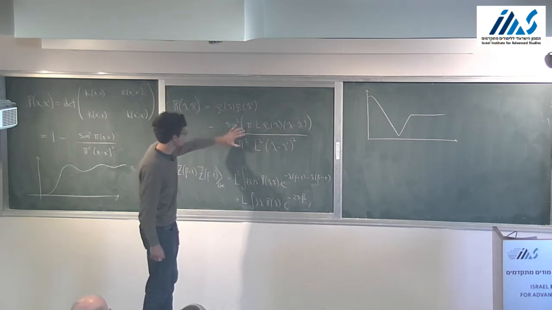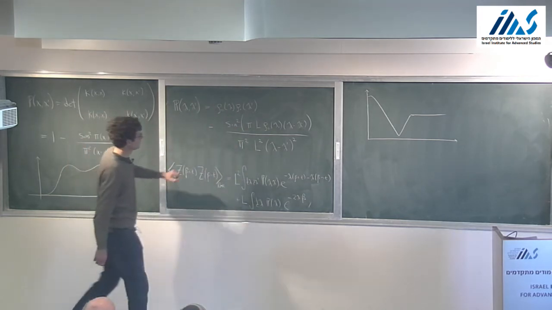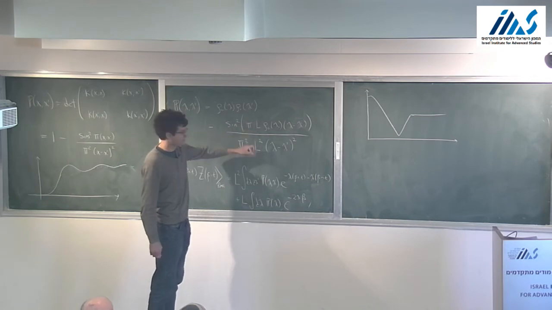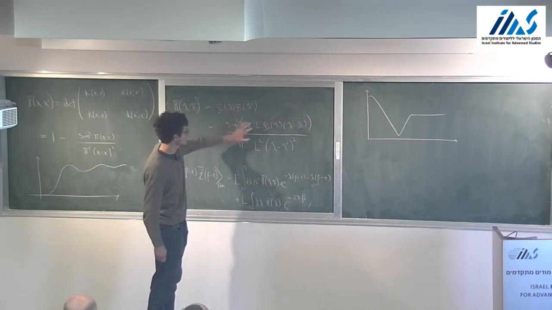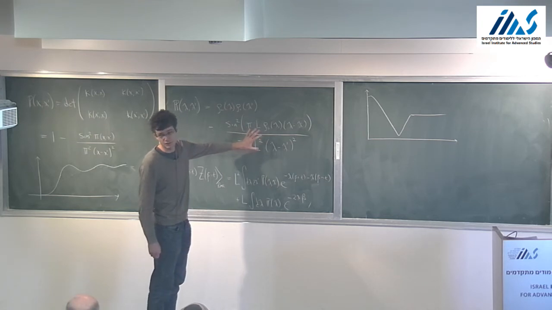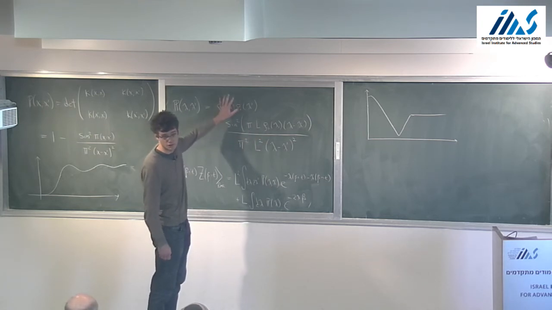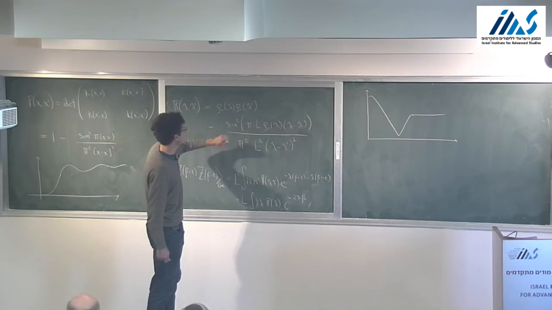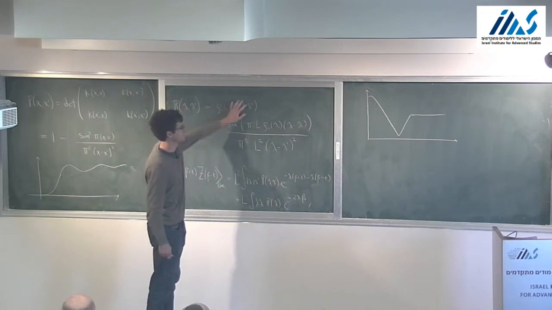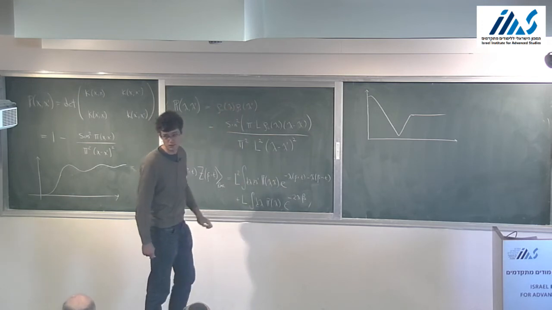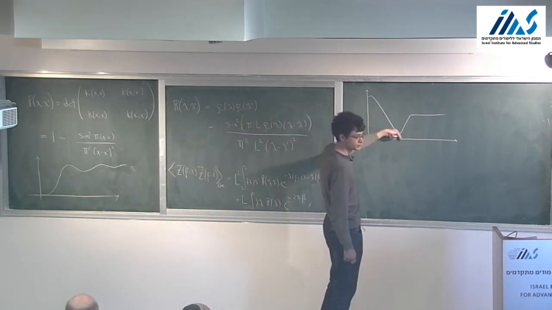If you look at this expression, you'll notice that the first term is much bigger than the second one because of this factor of 1 over L squared. This term is of order 1, this term is of order 1 over L squared. L is big, we have a big matrix, so this is a small correction to the first term. So for most purposes, the probability distribution just factorizes into a product of the individual probability distributions for the two eigenvalues. That's enough to explain this slope region.